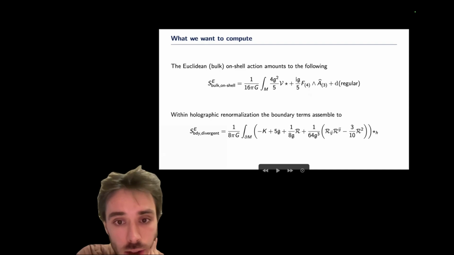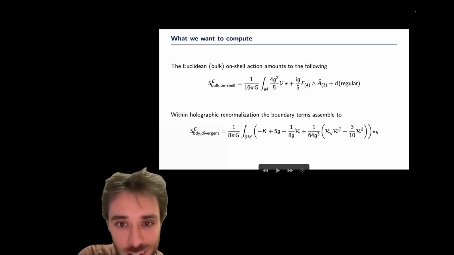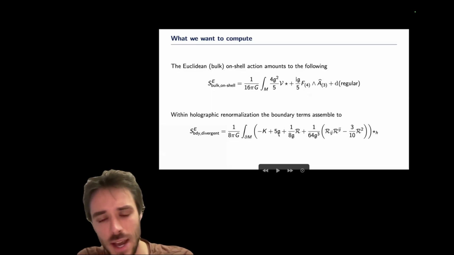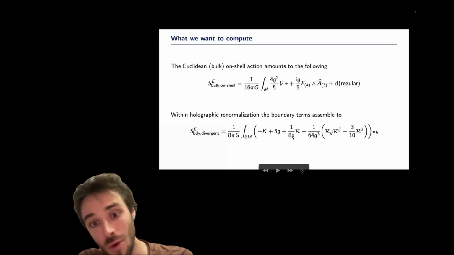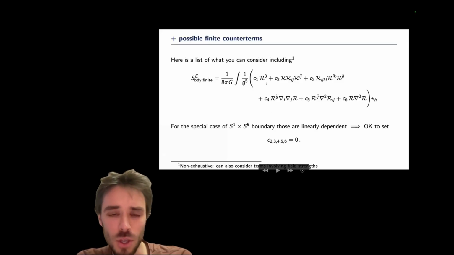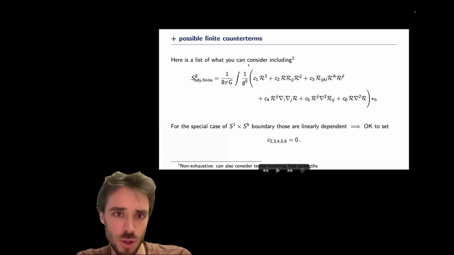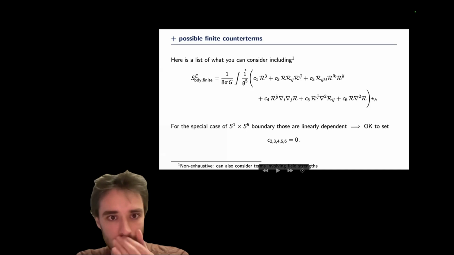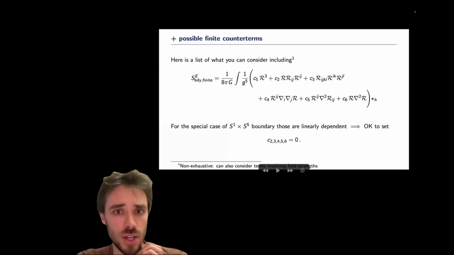So it goes like length, and from here you can determine that the dimension of Ricci is 1 over length, and so on. So you can see how the powers go: it's inverse AdS scale, inverse AdS scale to the power 3. And so if you want to build a cubic term, you have to do 1 over G to the 5. Okay, so the way I've written it, C does not depend on G, right?